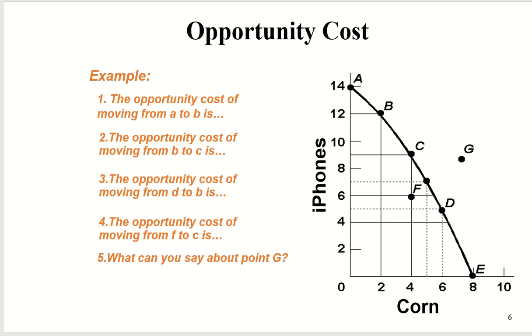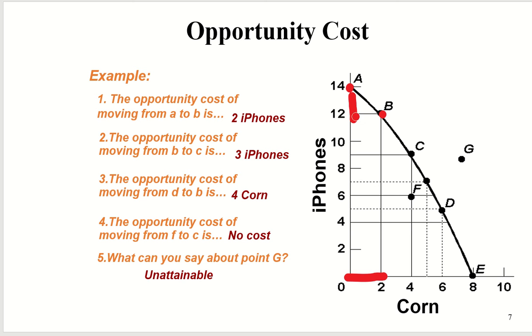Okay, you should have something that looks like this. We gain corn when we move from A to B, right? When we go from A to B, we're gaining corn, but we're losing 2 iPhones. When we go from B to C, we are losing 3 iPhones, but we are gaining more corn, right?